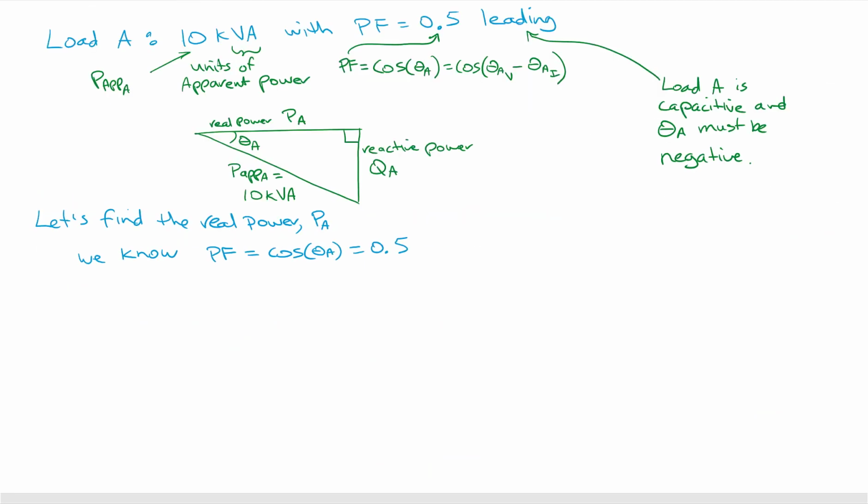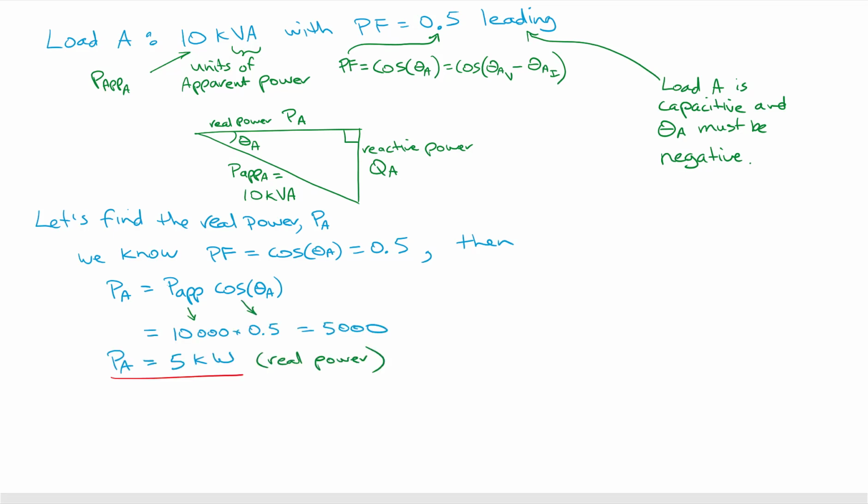Up here I'm reproducing the information, the same thing that we saw on the previous slide. What we're going to do is find the real power P_A. We know that the power factor is cos theta A, and that's equal to 0.5. Then the real power is the apparent power times cos theta A. The apparent power is 10,000, and cos theta, which is the power factor, is 0.5.